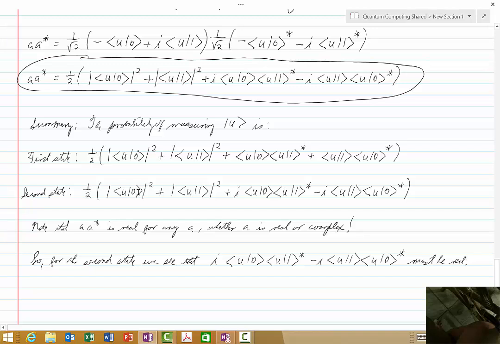And if the whole expression is real, and that's real, and this is real, the multiplying factor out front is real, and therefore the remainder of this term in the parentheses must be real. So we have i times the inner product of u with 0 multiplied by the complex conjugate of the inner product of u with 1 minus i times the inner product of u with 1 times the complex conjugate of the inner product of u with 0 must be real.